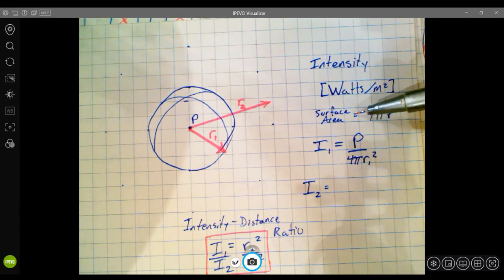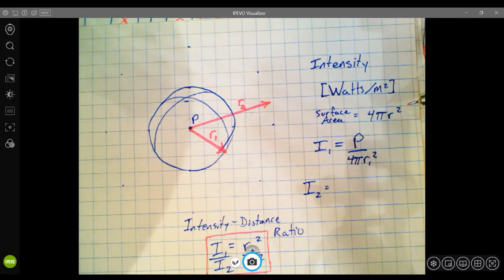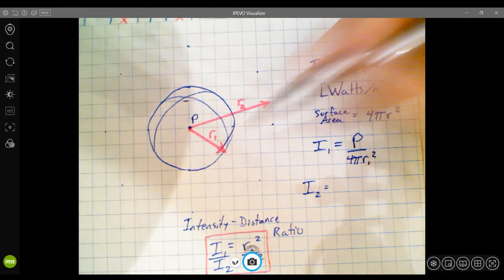Remember, the surface area for a sphere is 4 pi r squared. So we're talking about the intensity of sound at position R1 being the power spread over the surface area of the sphere that has a radius of R1.